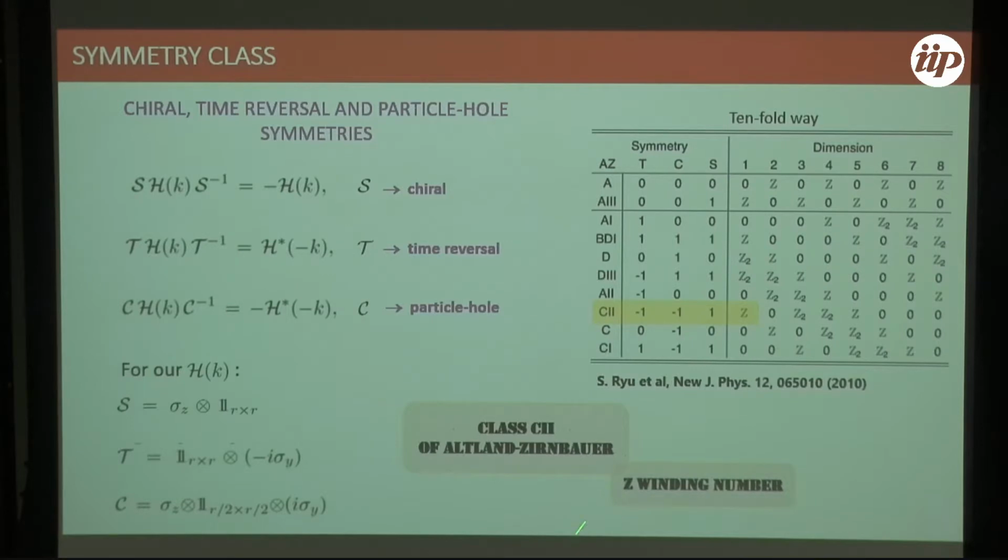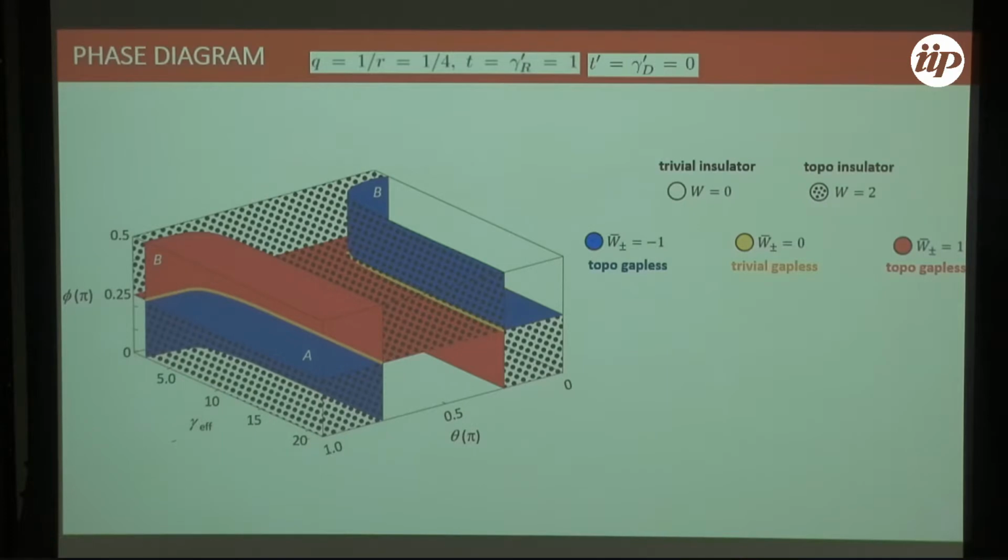And in class CII, in one dimension, the system can be characterized by a topological invariant of Z type, which is a winding number. This winding number is a quantity that we can compute for this type of Hamiltonian.